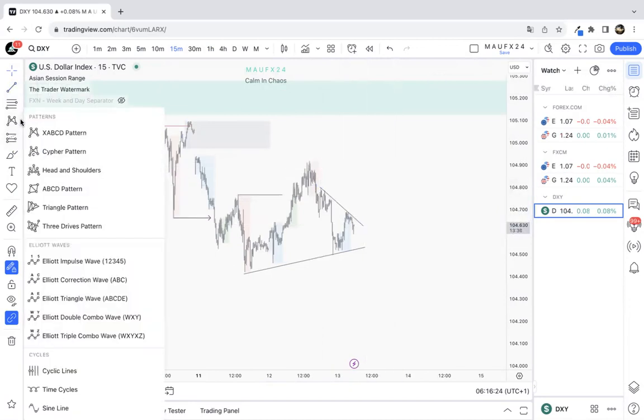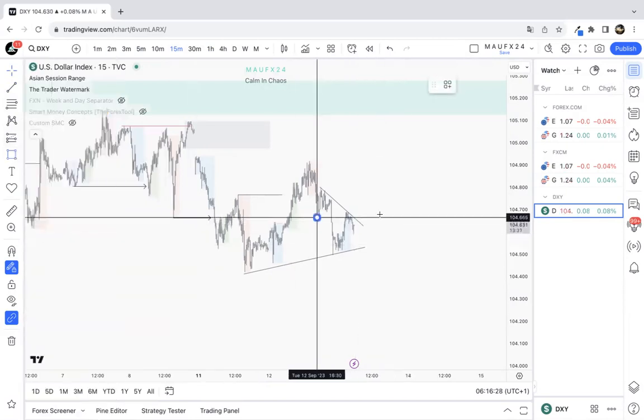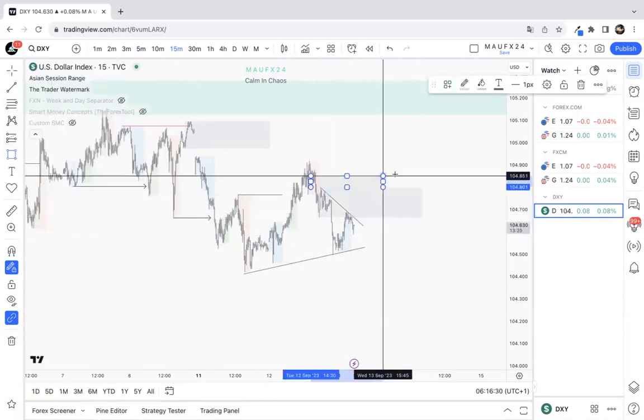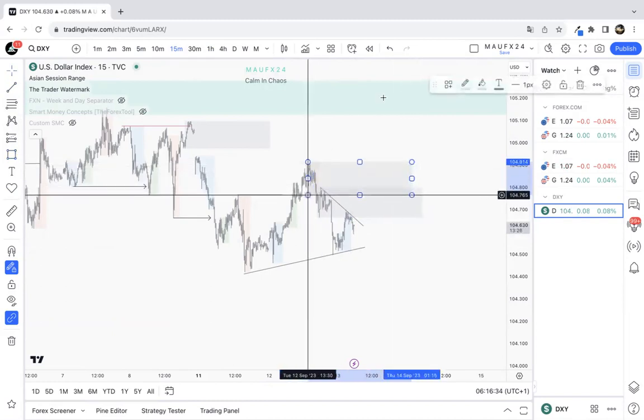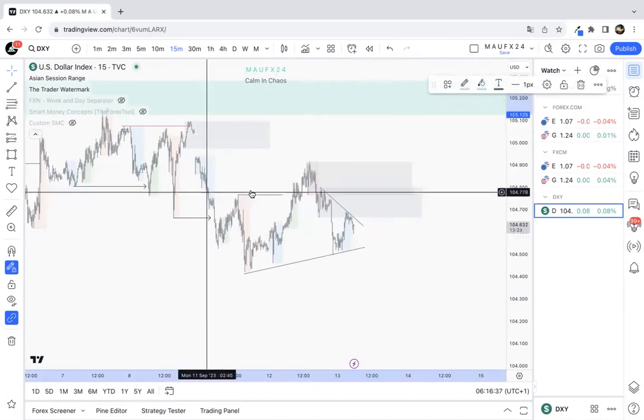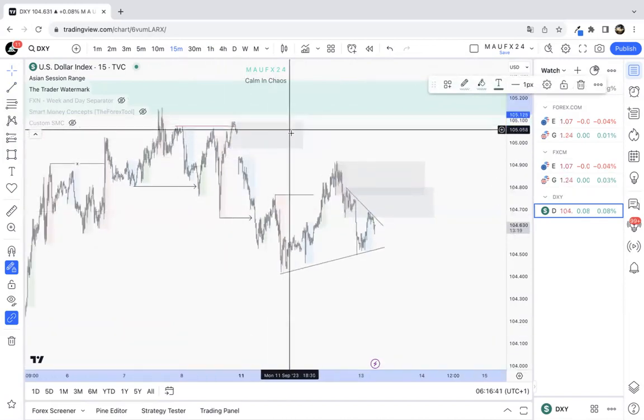We got two areas we want to long from or short from, this area and this area. We need to take that one from there. That's structurally aligned.